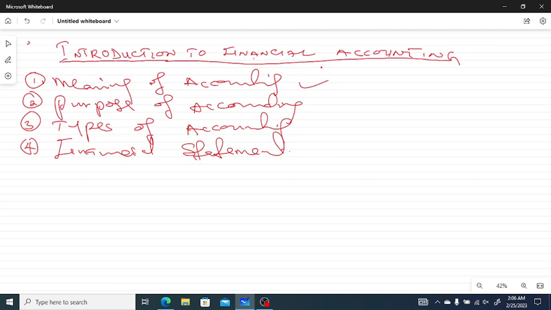This means accounting deals with the recording of all financial transactions of a business, and after recording them, we have to summarize and analyze the transactions. After analyzing, we now present these transactions to the users of the financial statements.